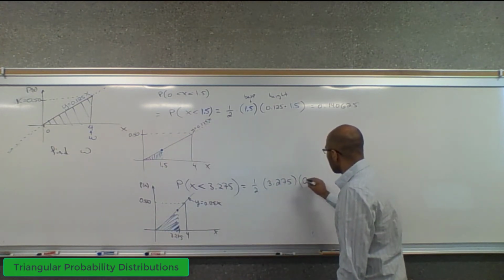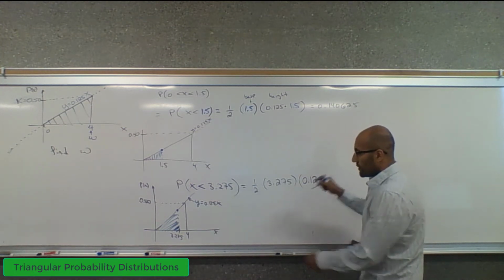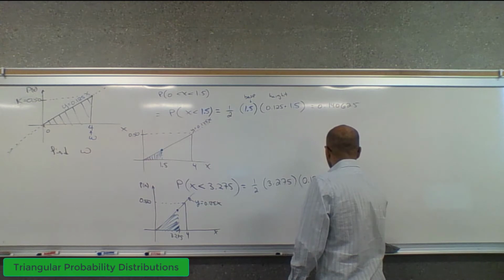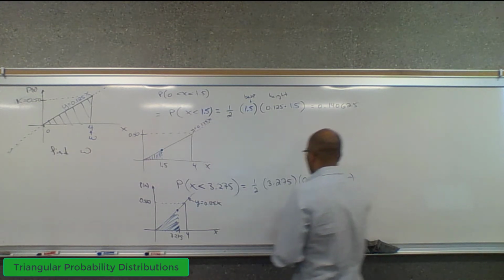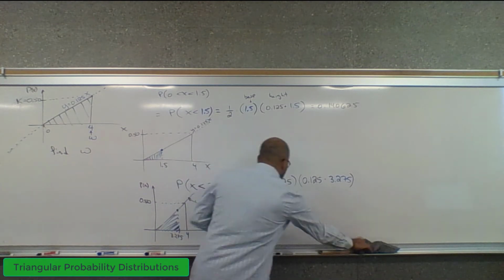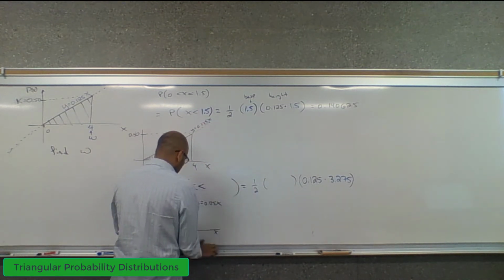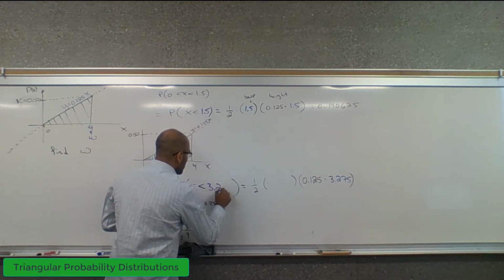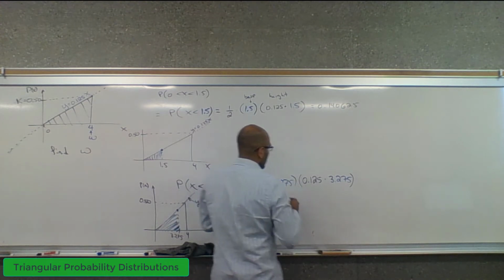So this will be 0.125 times x, which we said was 3.275. Let's erase these guys. 3.275, 3.275.